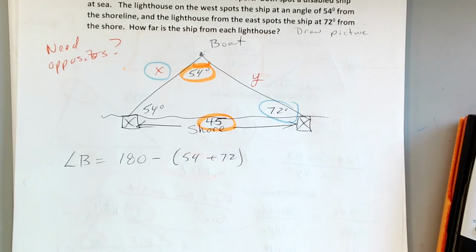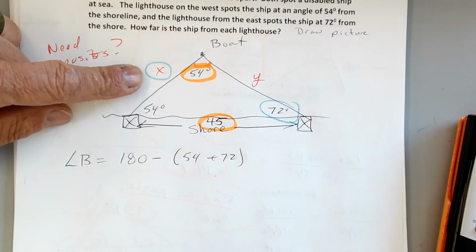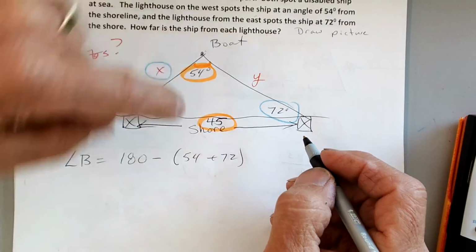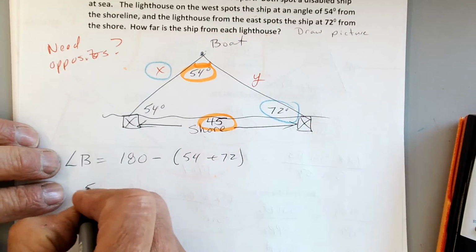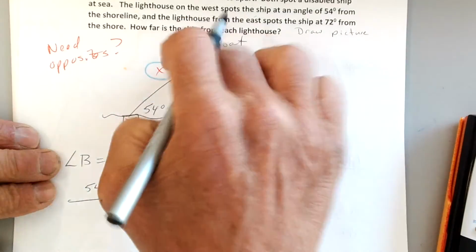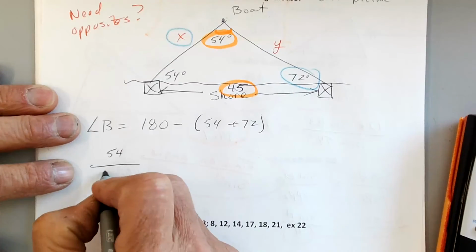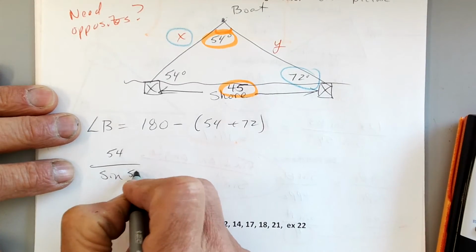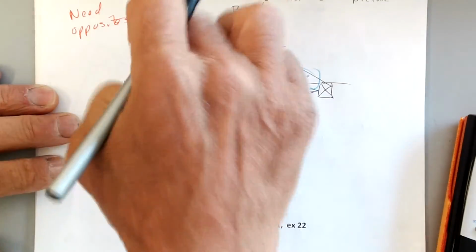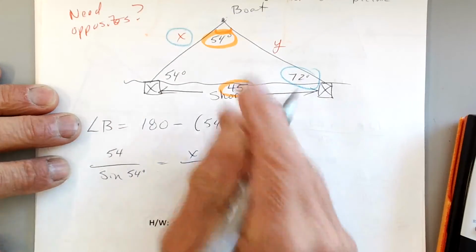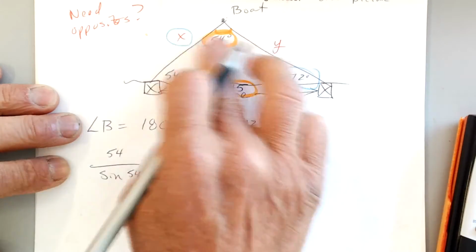Side over the sine of its angle equals the side over the sine of its opposite angle.